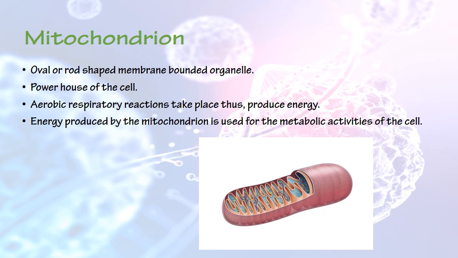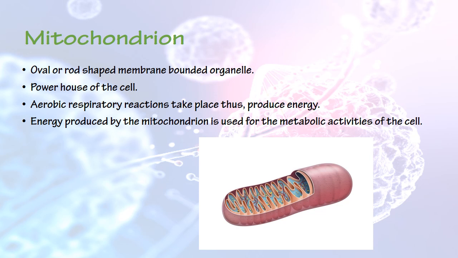Mitochondria. It is a special, important organelle inside the cell. That means this organelle produces energy for cellular metabolism, and this is a common structure for plant and animal cells. Oval or rod-shaped membrane-bounded organelles.